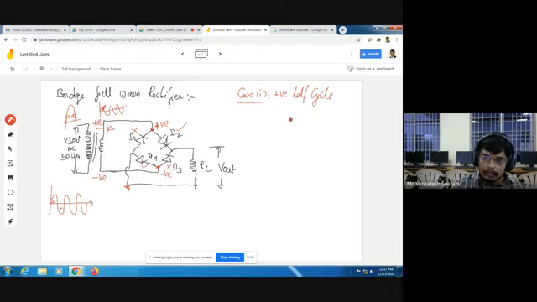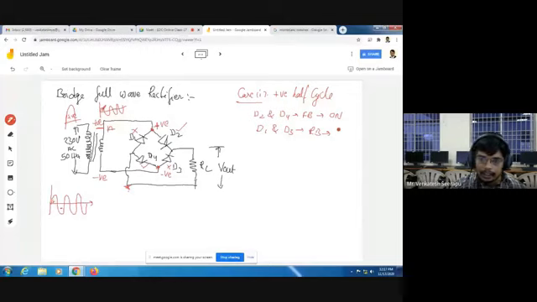So whenever I am applying a positive half cycle, D2 and D4 diodes are in forward bias, acting like an on switch. Similarly, D1 and D3 diodes are in reverse bias, so those diodes are acting like an off switch.